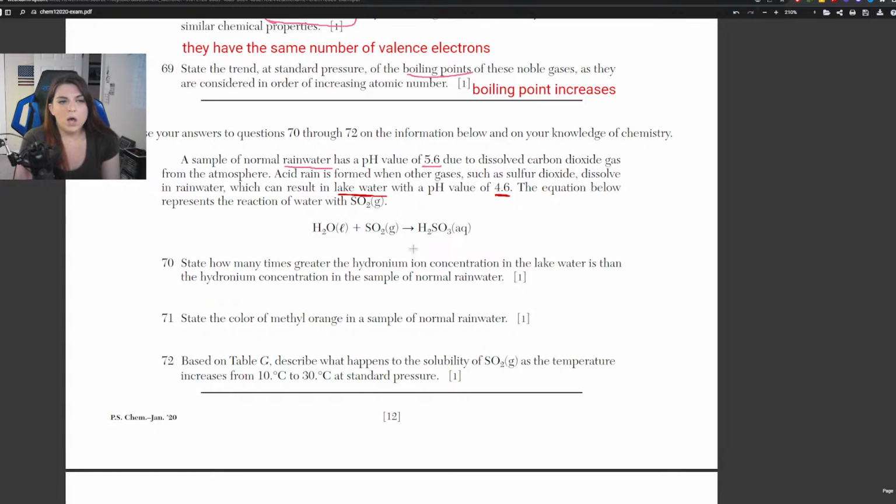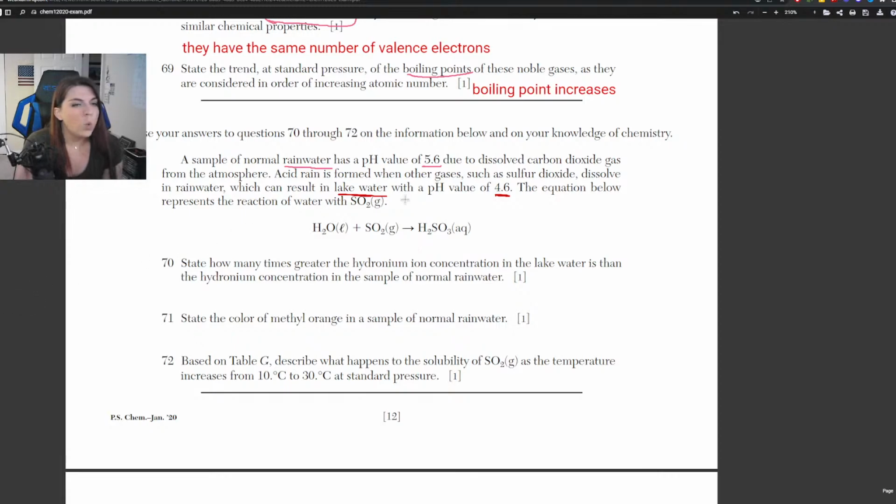That's because the pH scale is a negative log scale. A low pH is very acidic, and a high pH is not very acidic. It's inverted because it's a negative log scale.